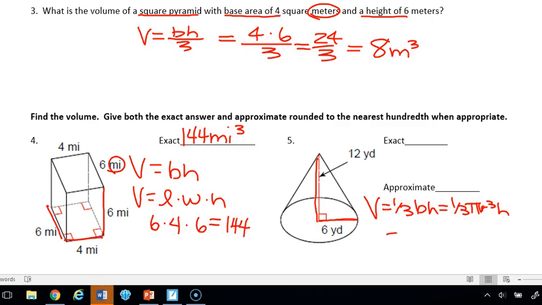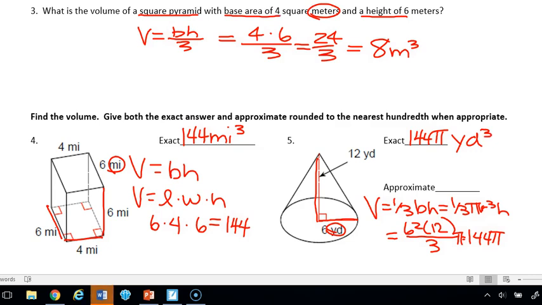So I'm going to do 6 squared times 12, and I'm going to divide all that by 3 because when I divide by 3, it's the same as multiplying by 1/3. So when I do that, I get 144 pi. So I'm going to put the exact answer up here, 144 pi. And again, my unit here was yards, so I'm going to say yards cubed.